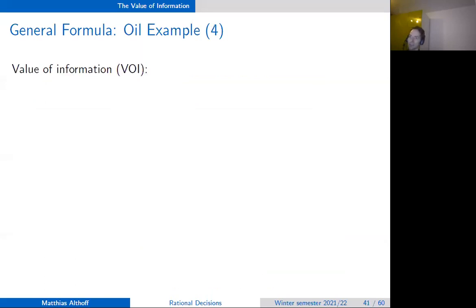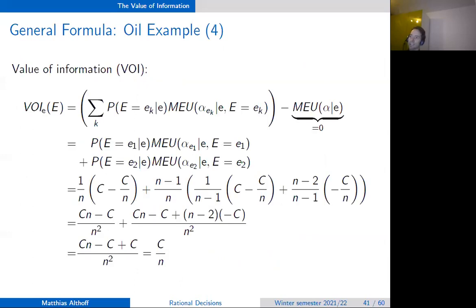Good. And now we have to assemble everything together. So we use the general formula. This is 0. We computed that already.